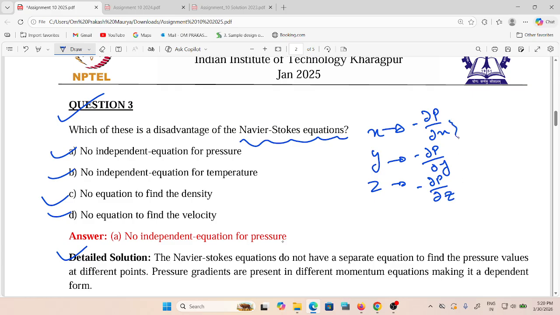So these three terms appear in the three directions of the Navier-Stokes equation. In that earlier question I discussed how we write the complete Navier-Stokes equation. So you do not have an independent equation to solve for the pressure values. This is the disadvantage. Now let us move on to the next one.